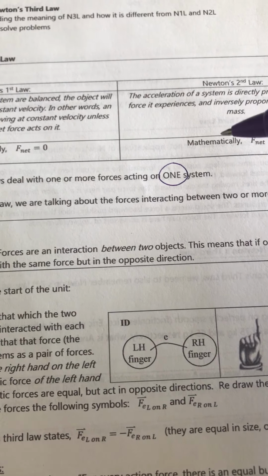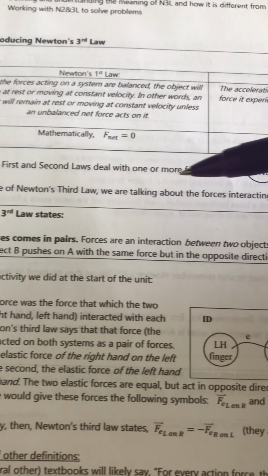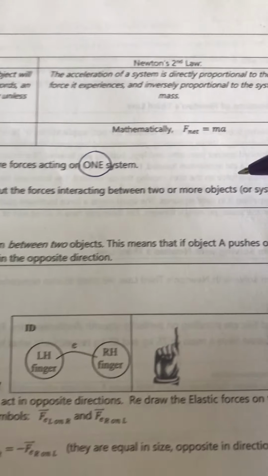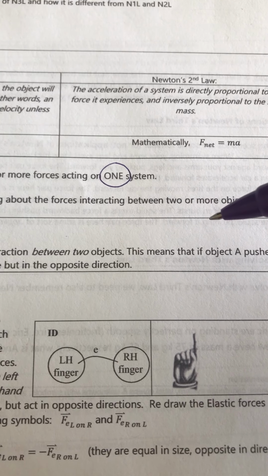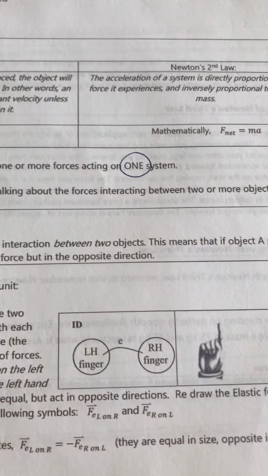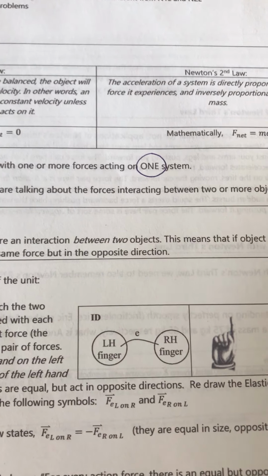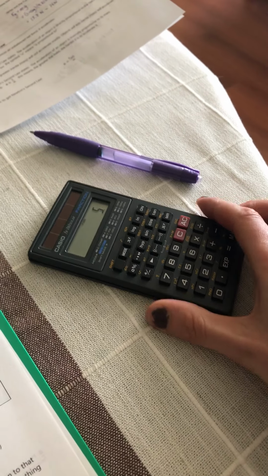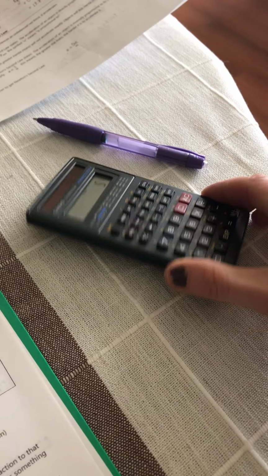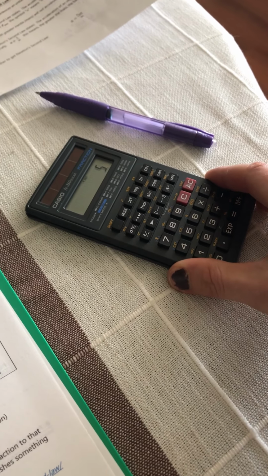The third law is different because we're looking at interactions between two or more systems and the forces that connect them. What that means is when two objects interact with each other, for example, say my calculator is interacting with the table, the calculator imparts a force on the table and the table imparts a force on the calculator.